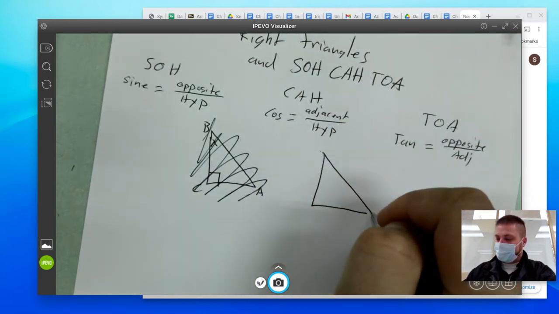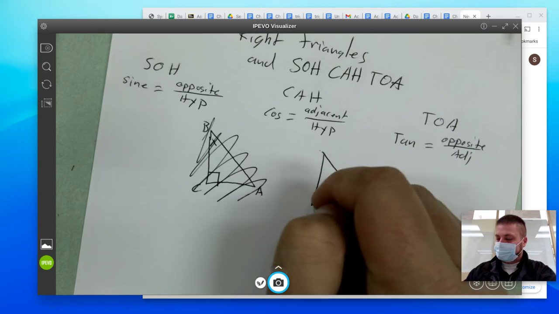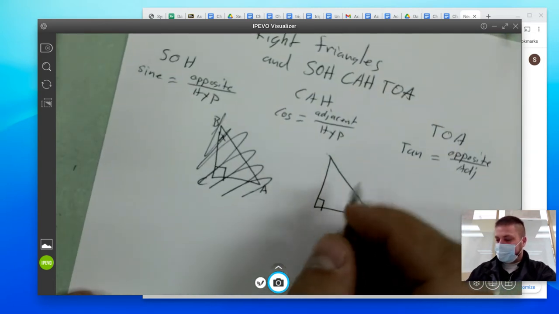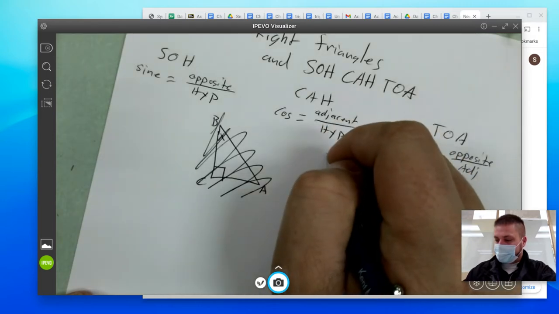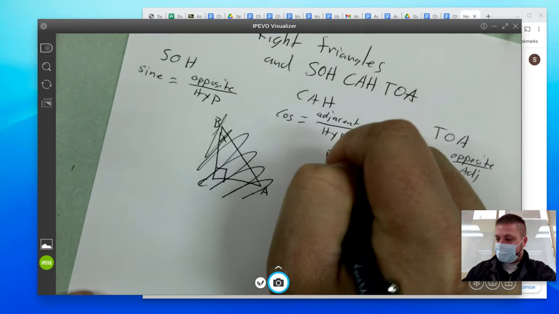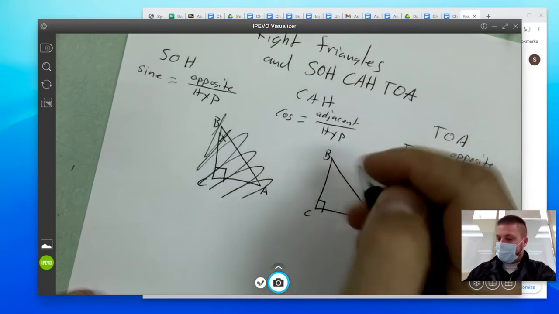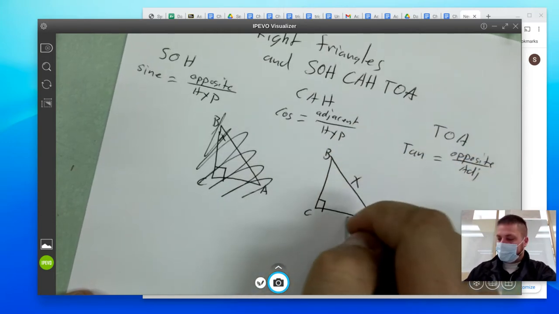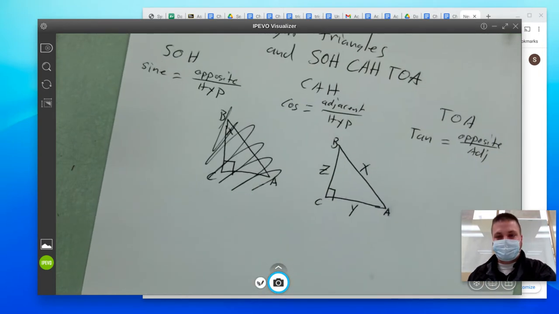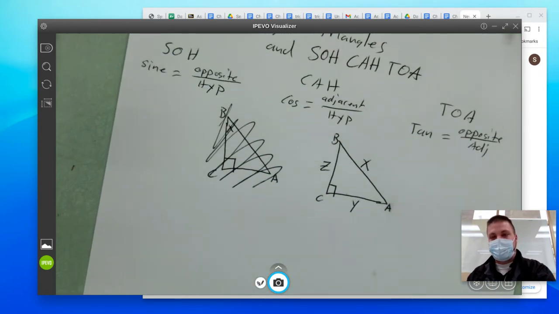So I've got this right triangle. Okay, yes, we can do it like that, that's fine. We'll call this, again, angle A, this is angle B, and this is angle C. This we'll call side X, this side Y, and this side Z. Okay, everybody with me here?